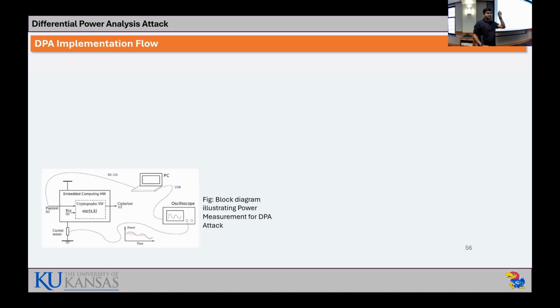So this is the target board we will use. In this target board, we have a little microcontroller in the middle, and it has some setup with which we can actually probe the VDD, the voltage, like the power rail of this microcontroller.